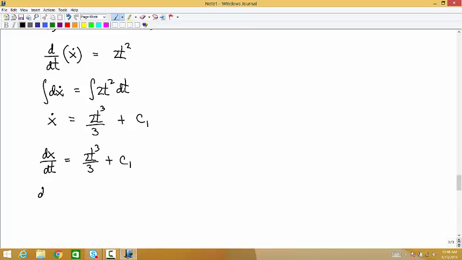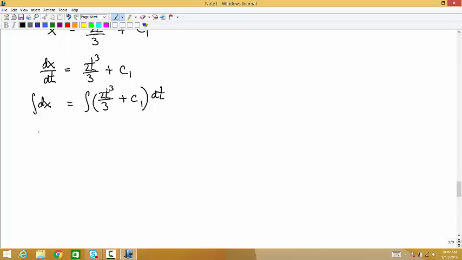And so dx is equal to 2t cubed over 3 plus C1 dt. Integrate both sides, and you get x is equal to t to the 4th over 6 plus C1t plus C2.